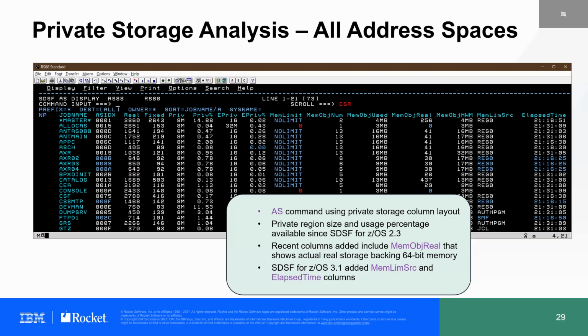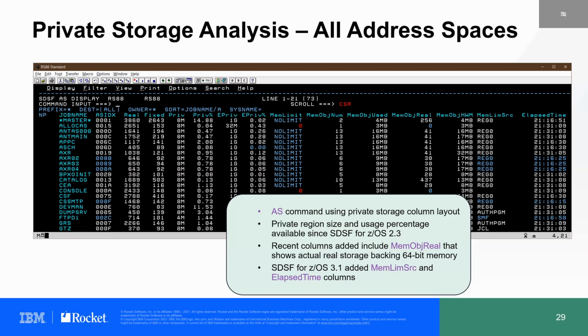I need 4 terabytes. And so you'll see the memory object is 4 terabytes, but then you only use 16K inside your code, in which case you're only actually using 4 pages. So this is where MEMOBJ REAL is quite handy because it'll actually show you the in-use real storage backing that rather than the enthusiastically defined memory object.